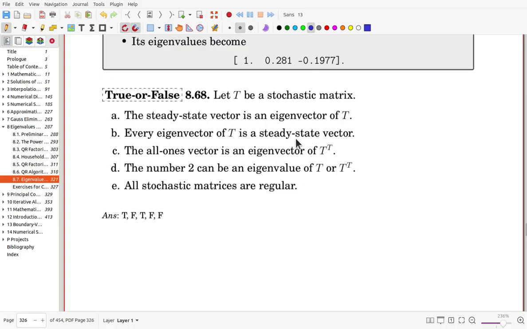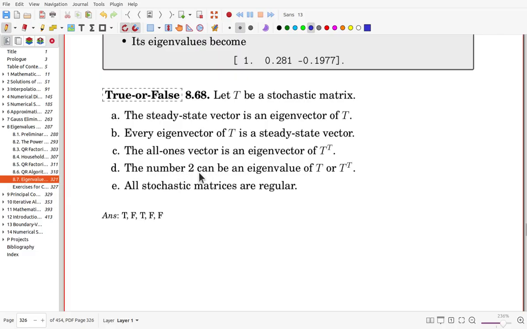Only the eigenvector corresponding to the eigenvalue 1. The all ones vector is an eigenvector of T transpose. It's true. By using this fact, we can prove that the number 1 is an eigenvalue of T.